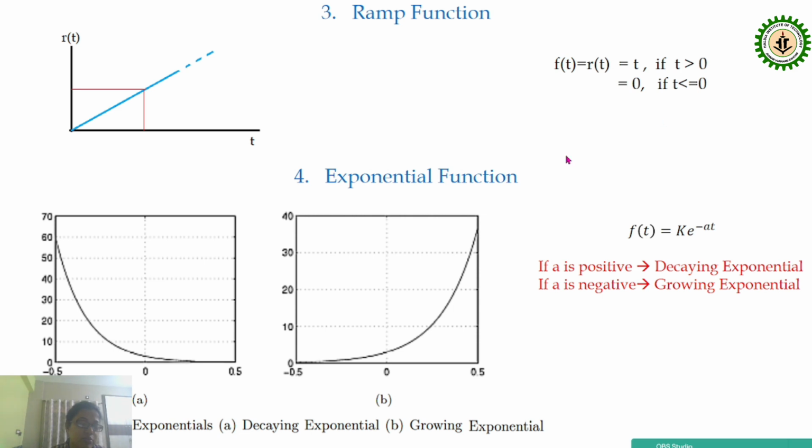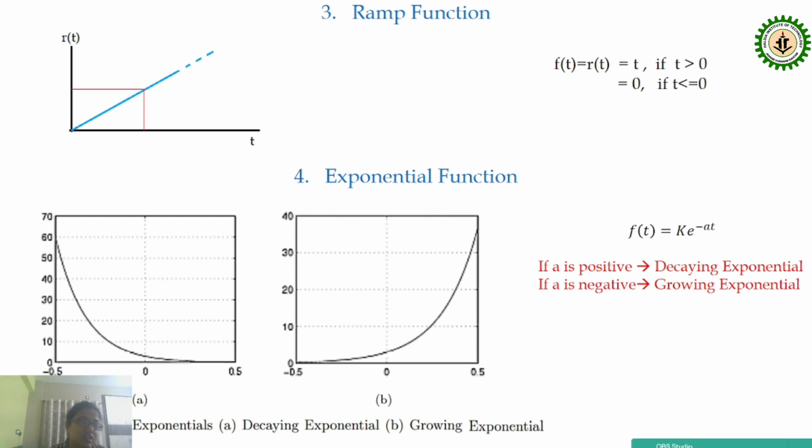Now another important point. When we write f(t) equals t, and t is increasing, from 0 to 10, 100, 1000, up to infinity, that means if t reaches infinity, the amplitude also reaches infinity. So which type of signal is it?